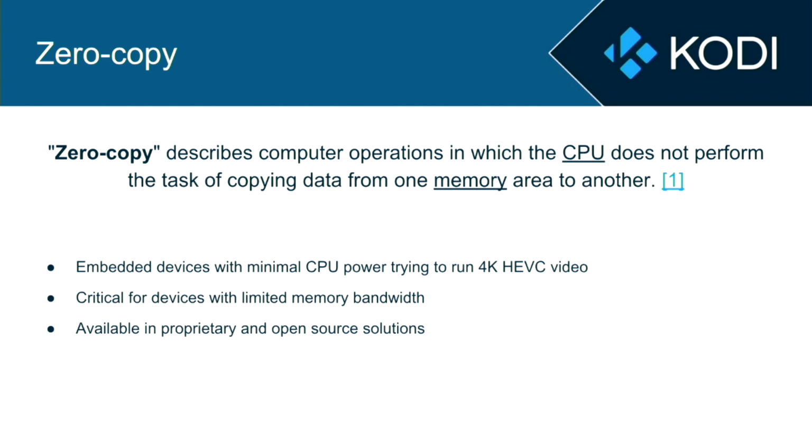So we need to streamline the process to decode a video frame, put it in a buffer, display it, remove it, and then it's done. I'm going to talk about how we do this, how it's currently done, and where it's going.